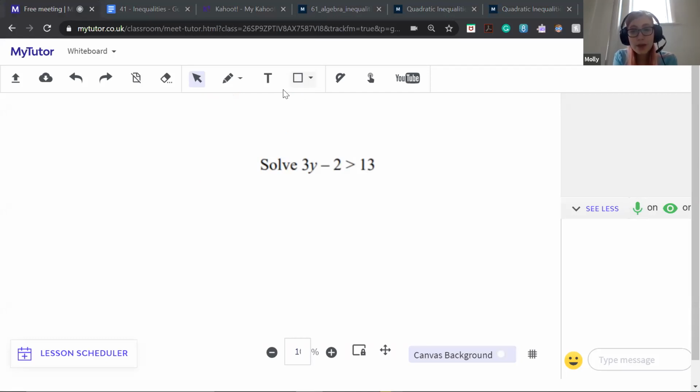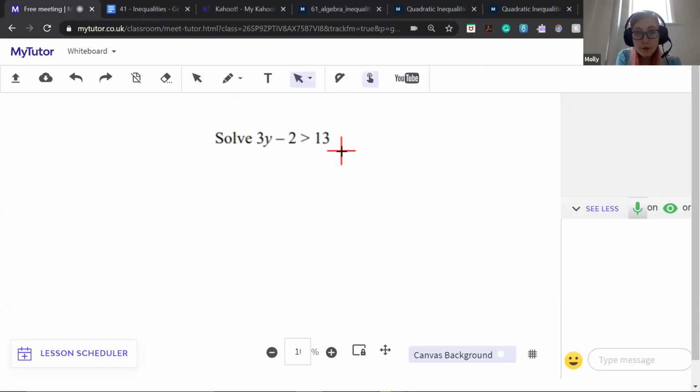Now, the key thing is that these work almost exactly the same as an equal sign. Don't be thrown off by this. It's going to be really similar to if it was an equal sign. The only difference, and this is what I talked about in that first Kahoot when people got the answer slightly wrong, is that if you multiply or divide by a negative number, the sign flips.